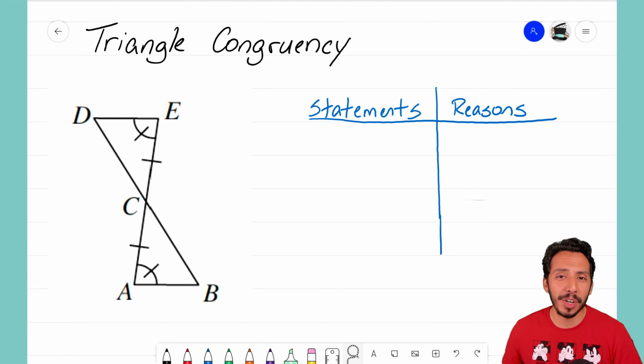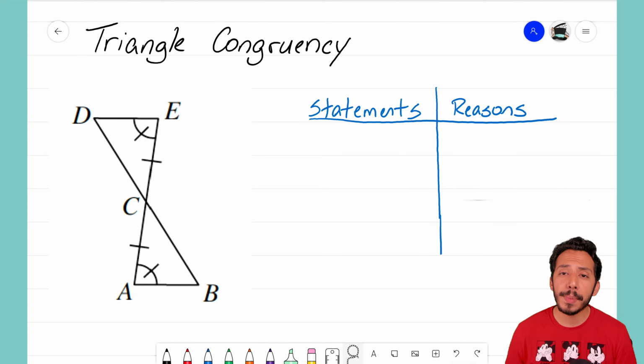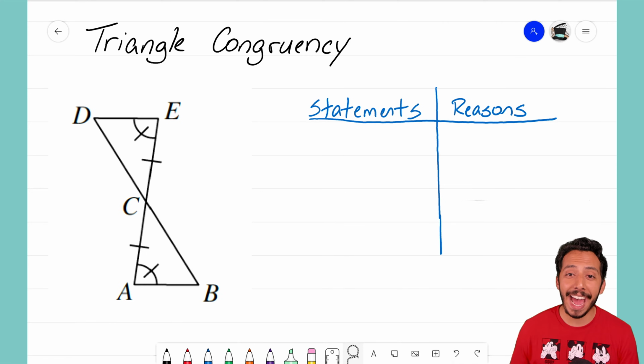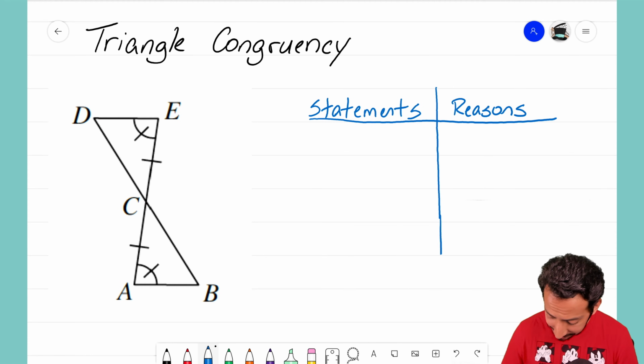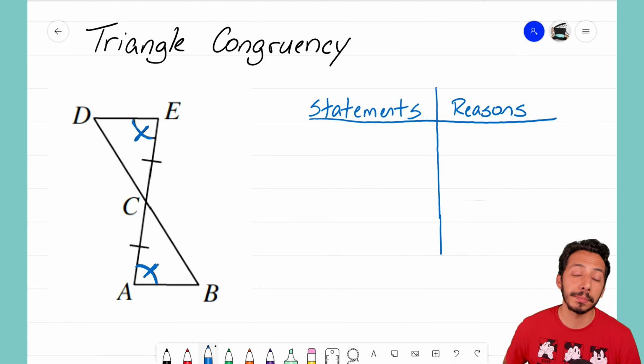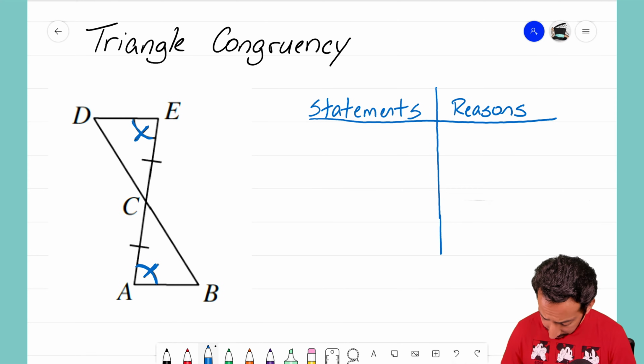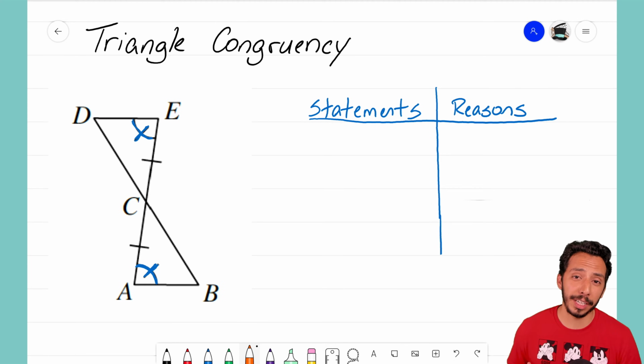Now I have two triangles over there on the left side. They're connected by point C, and we want to decide whether or not they are congruent. I see right off the bat that they have some angles and sides already in common. From what's given, angle E is congruent to angle A. I also see that some sides are equal.